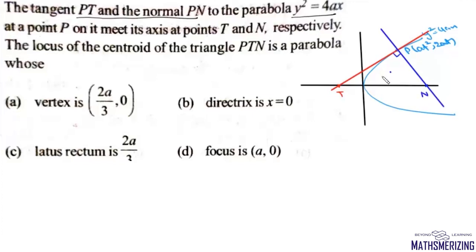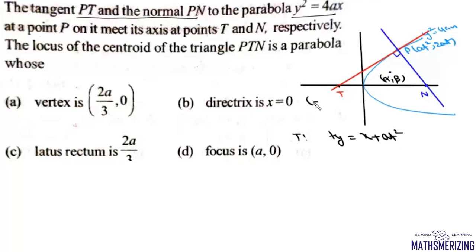Now since it is a locus problem, the first thing is to identify the points. We'll need to find the locus of this centroid. So let this point be (alpha, beta). Now we know that the equation of tangent at this point P is given by ty equals x plus at square. We need to find its point of intersection with the x-axis. So for the x-axis we'll put y as 0, and we'll get x as minus at square.